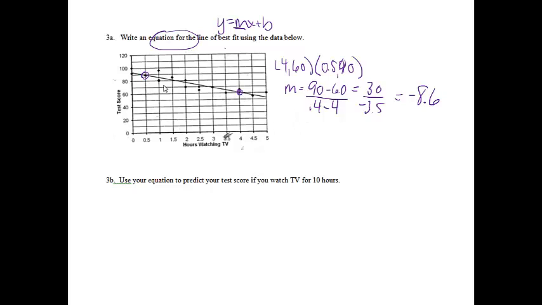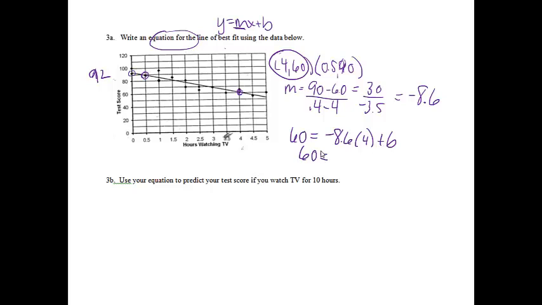And then from here, there are a couple different ways that I could work this. I could just estimate where this is hitting the y-axis, which it looks like it's around 92. So we'll kind of keep that in mind. So I could be done right there, but I'm actually going to do it the long way. I'm going to pick a point. I know the slope, so I'm going to have 60 equals negative 8.6 times 4 plus b.